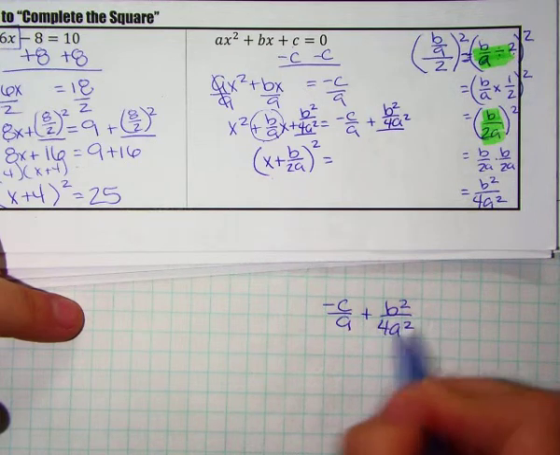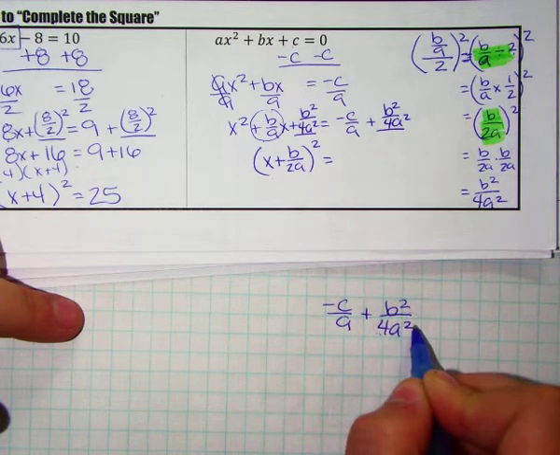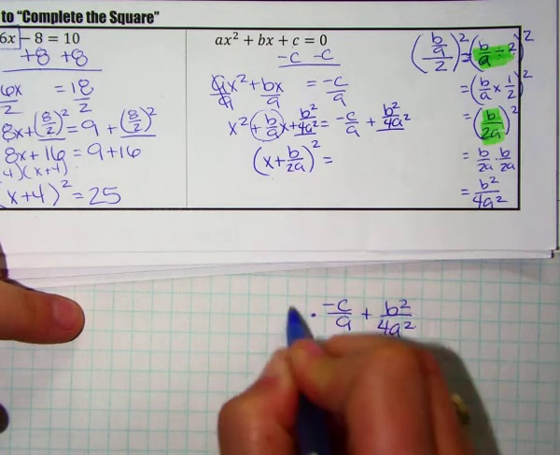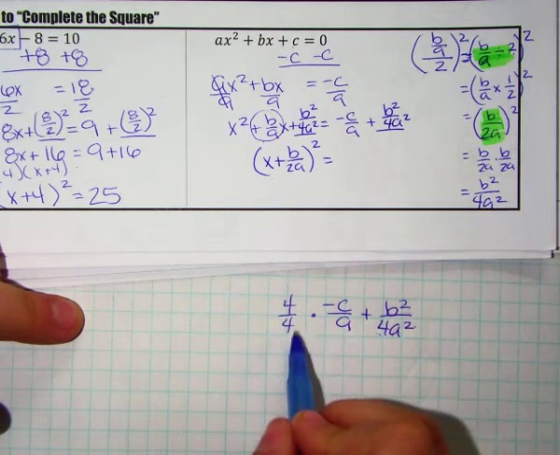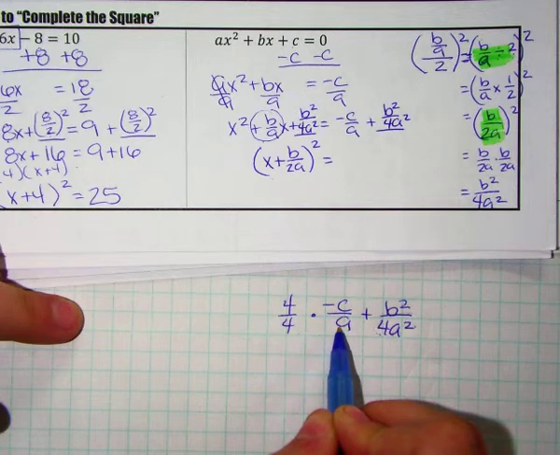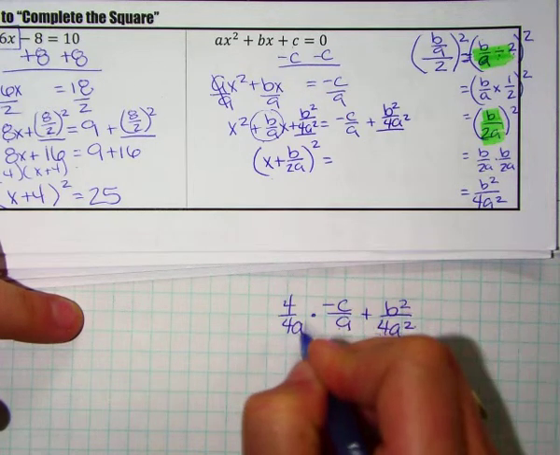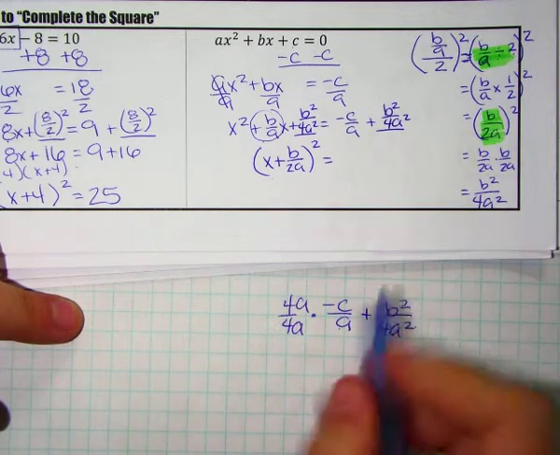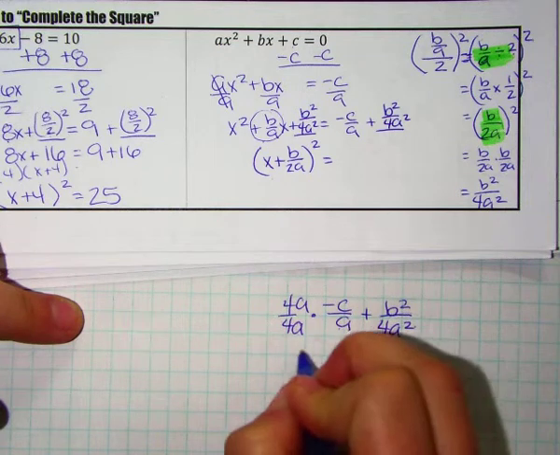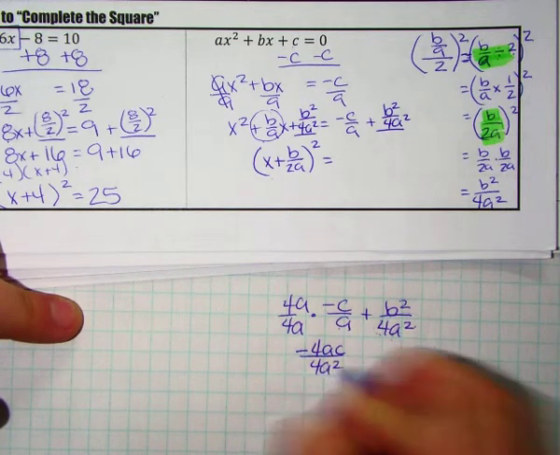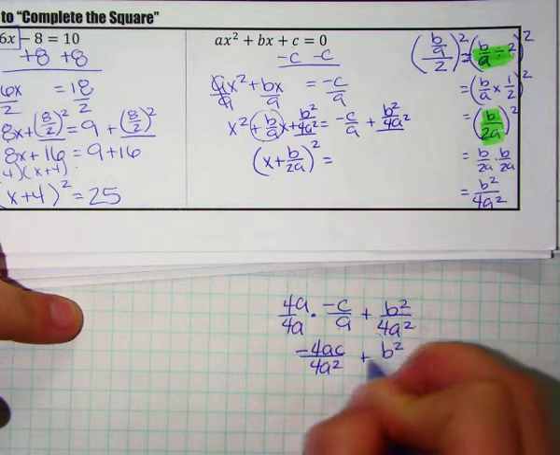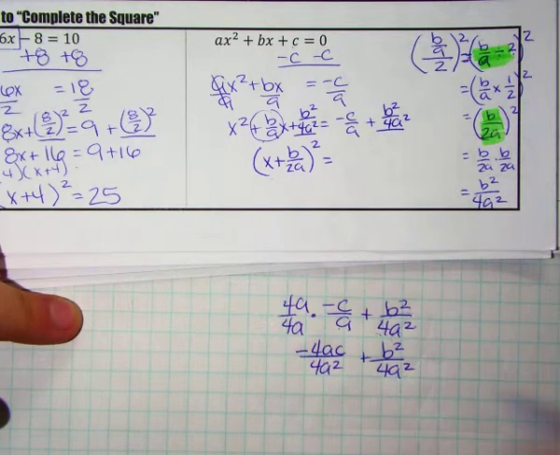The denominator of this one is 4a squared, so I need to multiply this one by 4 over 4. That would give us a 4a. This has a squared, so I need to multiply by 4a over 4a. That makes this fraction negative 4ac divided by 4a squared plus b squared over 4a squared.